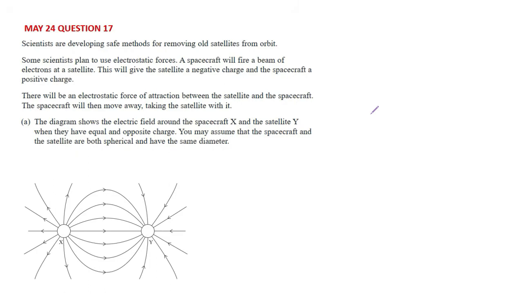Fine. The diagram shows the electric field around the spacecraft X and the satellite Y. So X is the spacecraft and Y is the satellite. When they have equal and opposite charge, this is very important, this forms somewhat of an electric dipole.